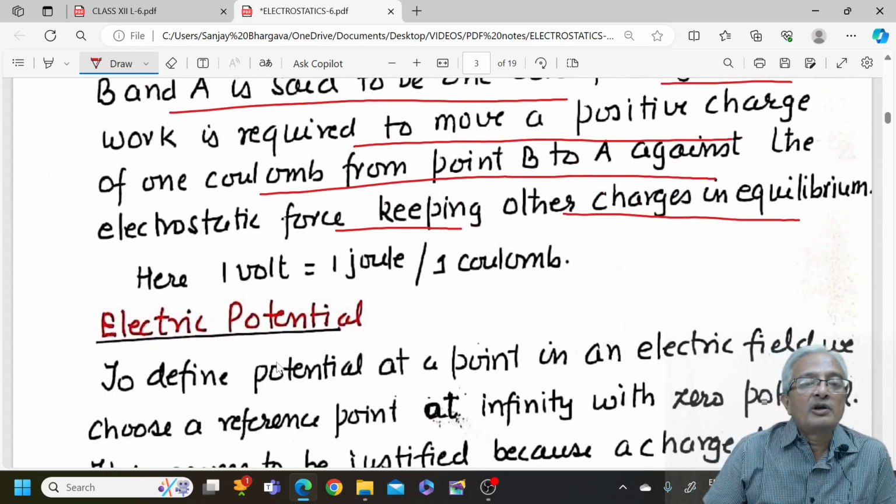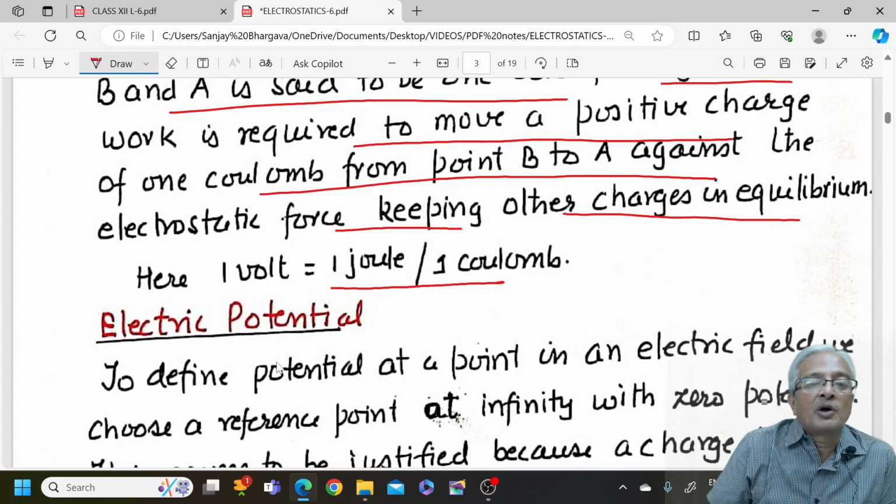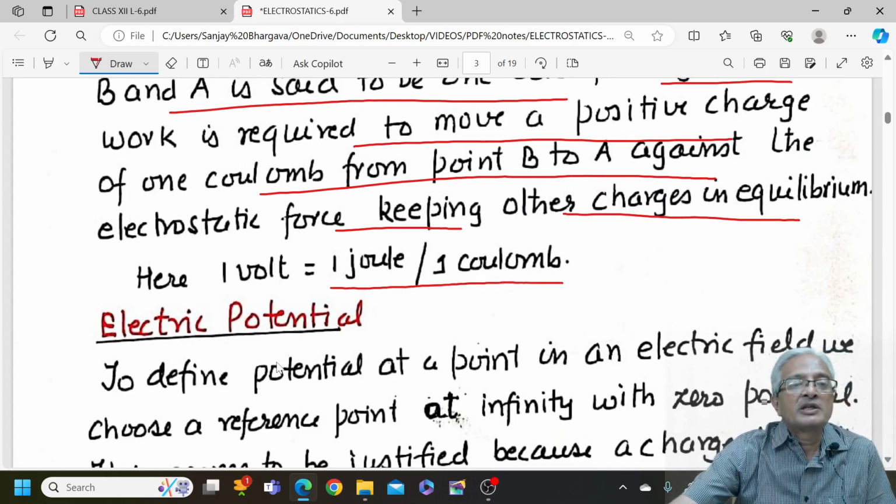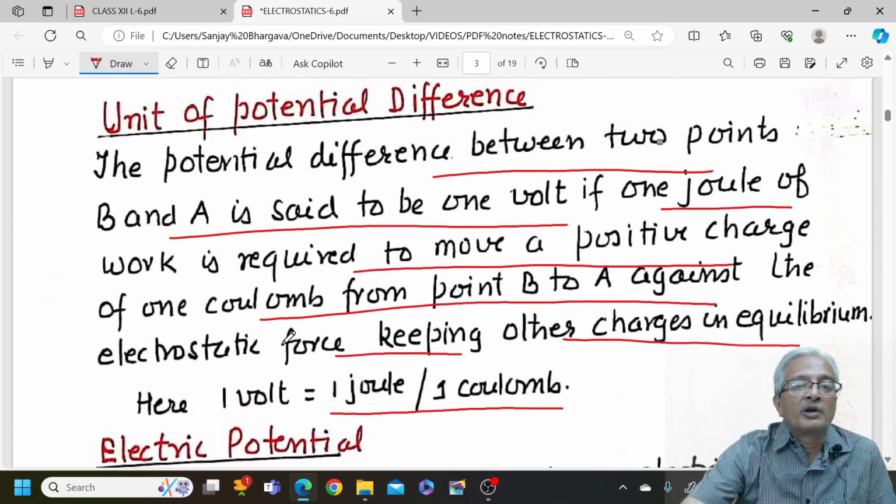Here 1 volt is equal to 1 joule upon 1 coulomb. So the unit of potential difference is volt, and simply defined, between B and A the potential difference is said to be 1 volt if 1 joule of work is required to move a unit positive charge from point B to A against the electrostatic force.